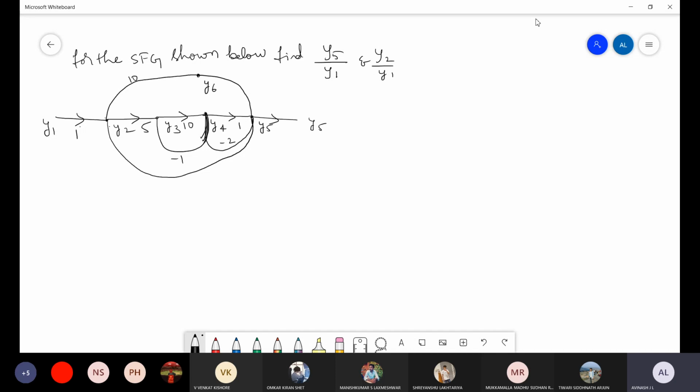Here it is 10, and here it is 2. Here it is 0.5. Here it is -1, and here it is 1. So you can take this particular thing.